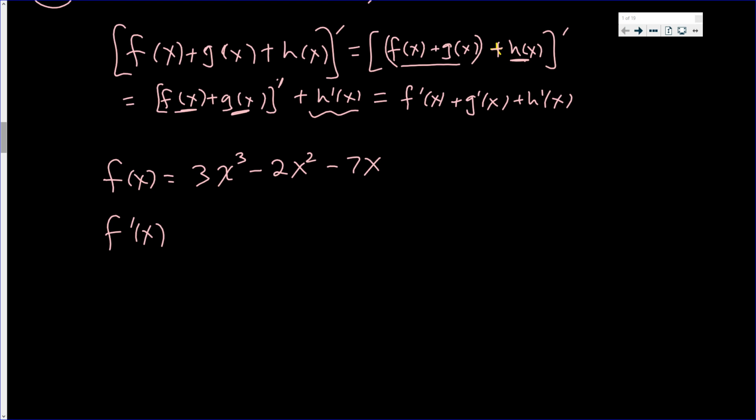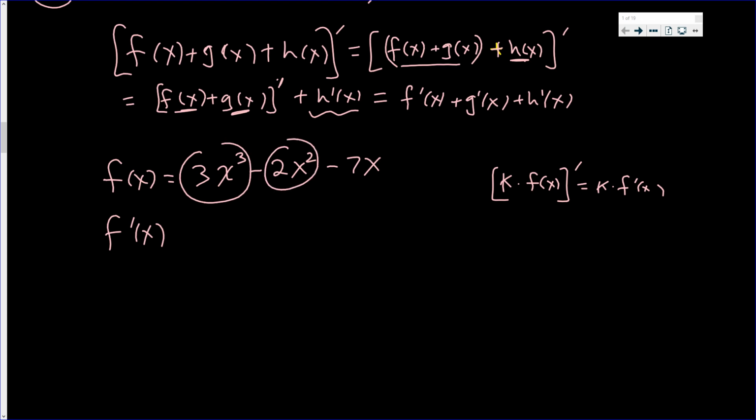Now remember, if you have a constant times a function and you want the derivative, you can take the derivative of the function and multiply it by that constant. So we're going to take the derivative of this, and then take away the derivative of that, and then take away the derivative of that. That was one of our rules.